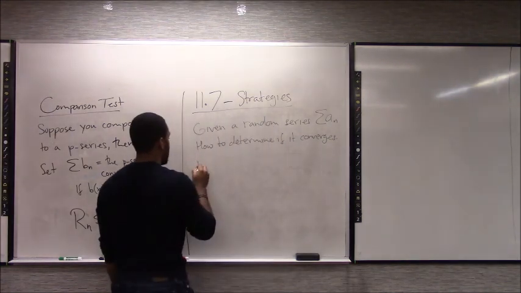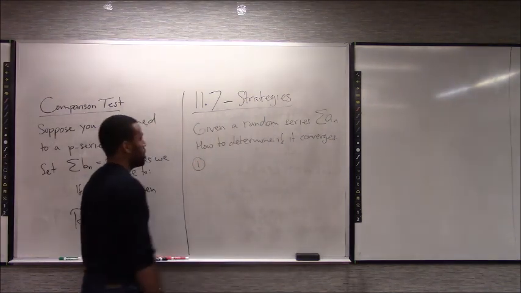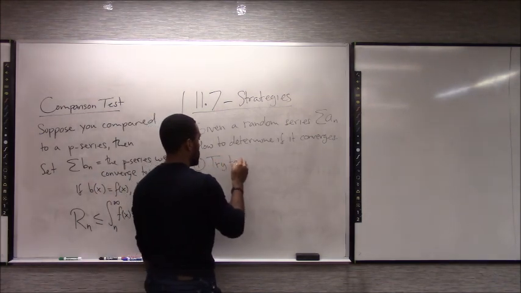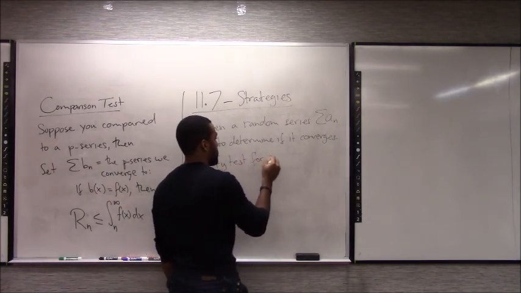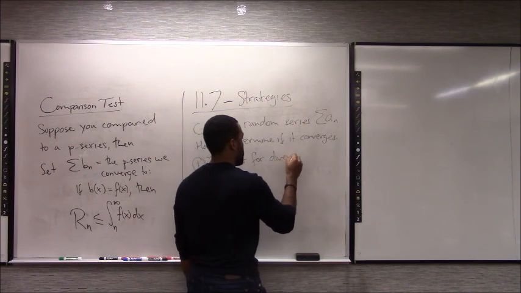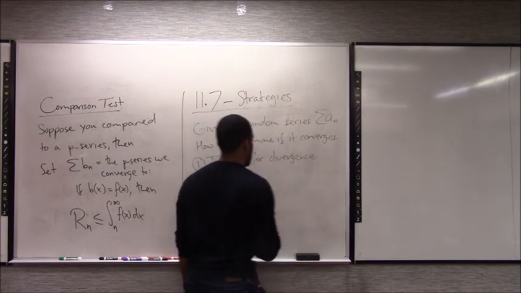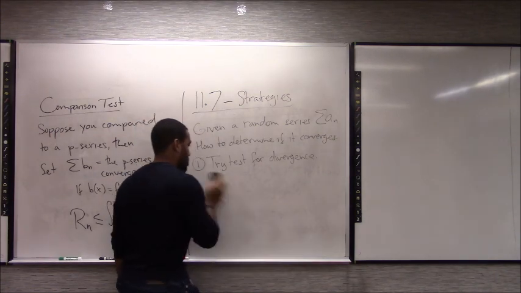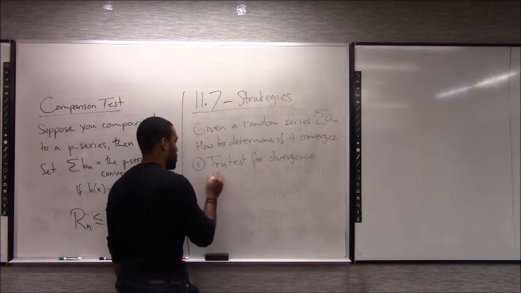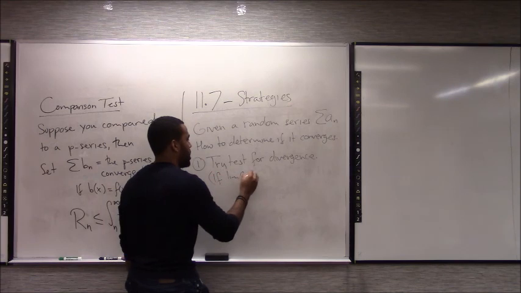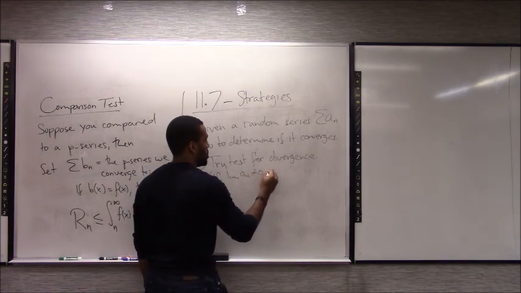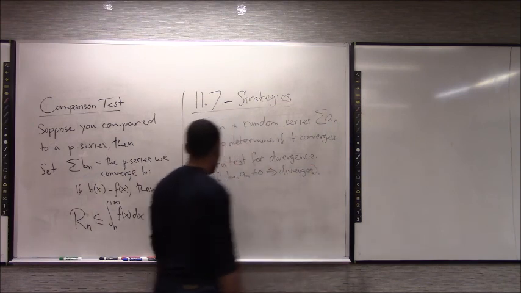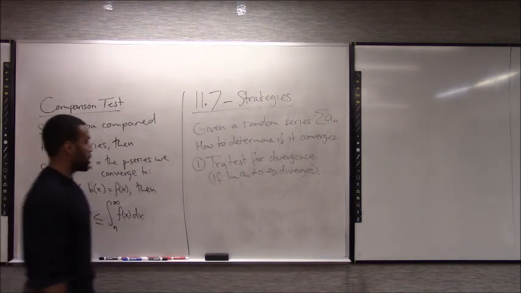First thing you probably want to do is try the test for divergence. So you're always going to check this, and basically if the limit of the a_n is not equal to 0, we know right away it diverges and you don't have to do anything. It's probably always one of the first things you want to check.